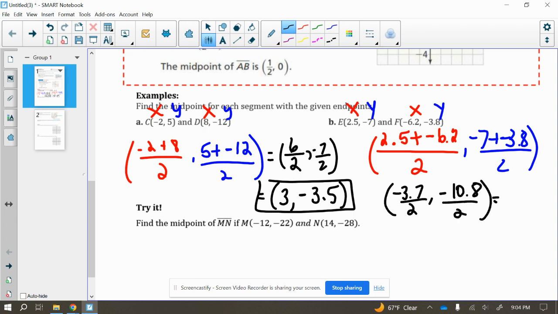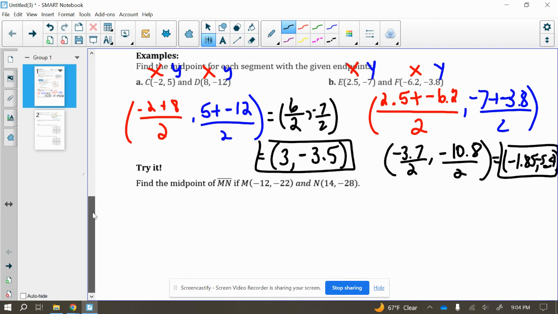And then we divide both of those by 2. We want to make sure we get -1.85, comma, -5.4. Try the next example on your own.